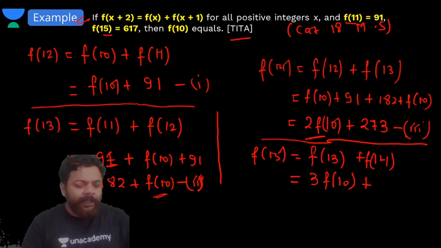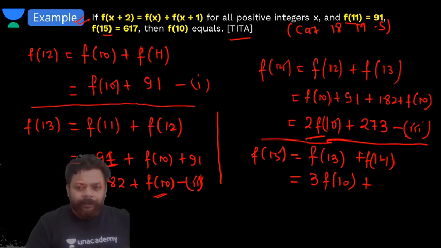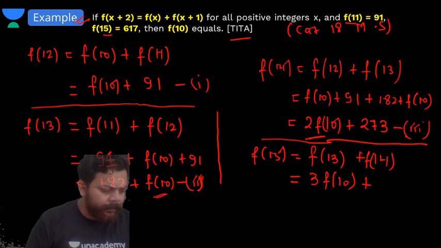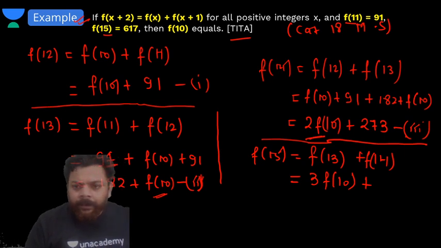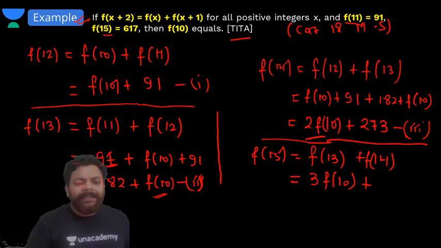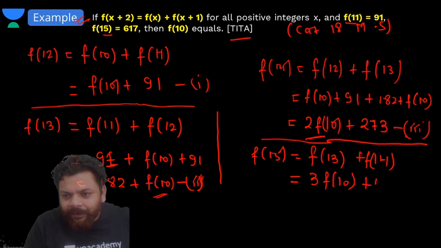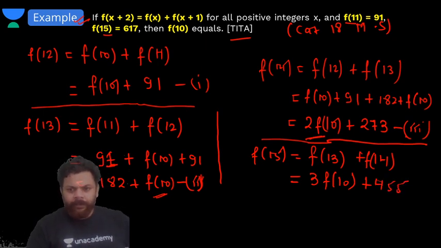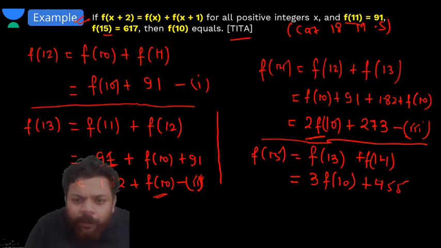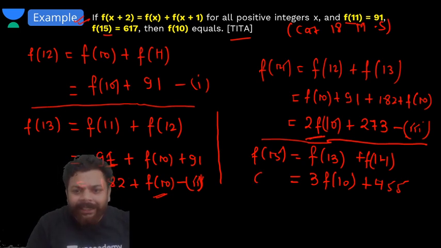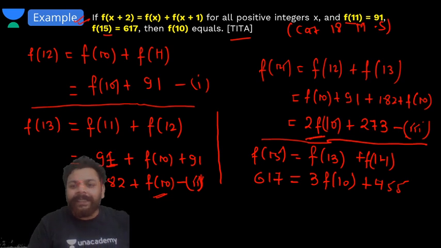If I add these two, I'll definitely get 455. And since we know the value of F15, I can write this as 617.